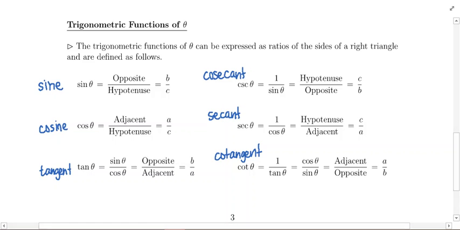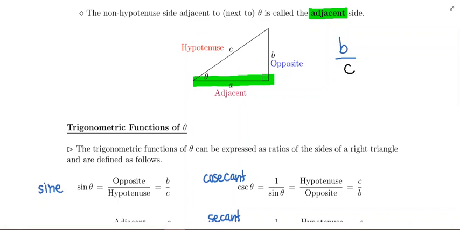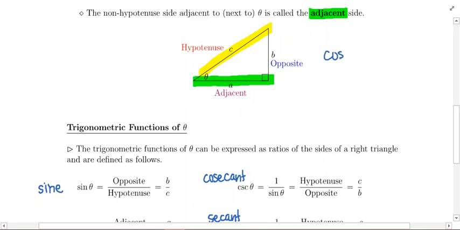If you're looking up here, you would look at this. Let me erase here. In this case, you would be looking at the adjacent and the hypotenuse. So then cosine would be defined as, again, it has to be cosine of the angle.